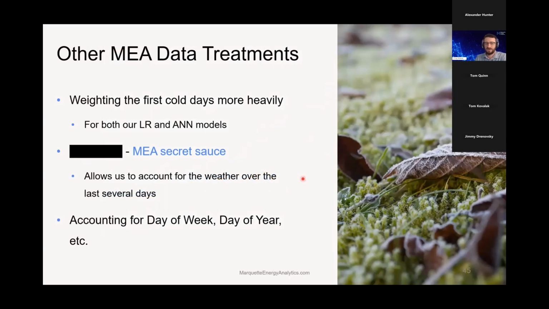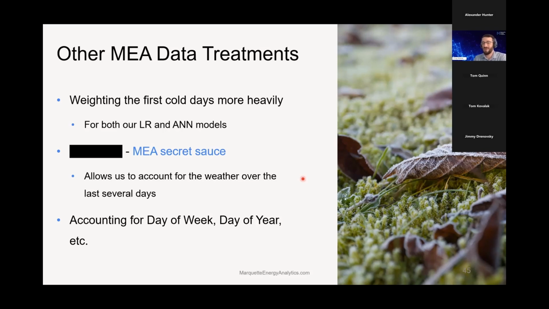We're not done there. We apply a couple of other treatments. The first one is we weight the first cold days more heavily. Well, we weight a lot of different types of days more heavily when we're doing our modeling. So we don't get a ton of cold days, like super cold days, and we don't get a ton of these first cold days and a bunch of other more unusual situations.